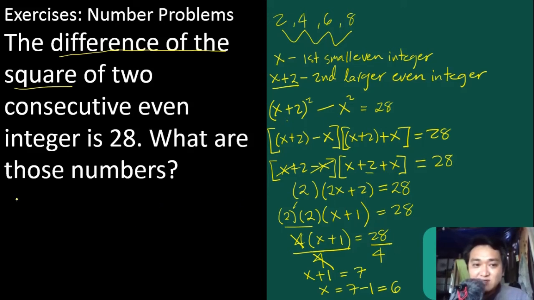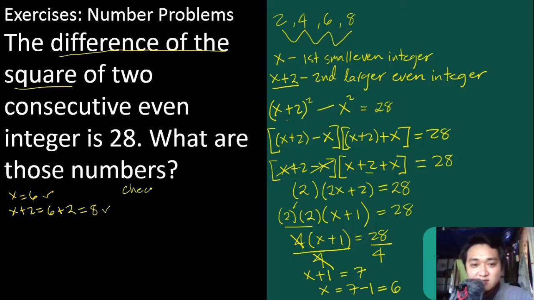If the value of x is 6, and our second larger even integer is represented by x plus 2, that will be 6 plus 2, which is equivalent to 8. So those consecutive even integers, whose squares have a difference of 28, are actually 6 and 8.